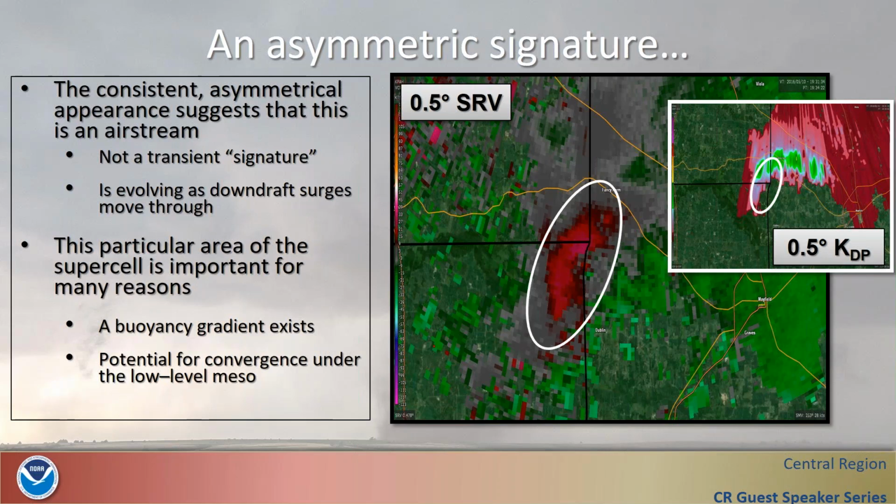And then we'll look at why it's important to assess where the convergence happens with the SRVE under the low-level meso. Again, low-level meso positioning is very critical in the whole tornado genesis process.